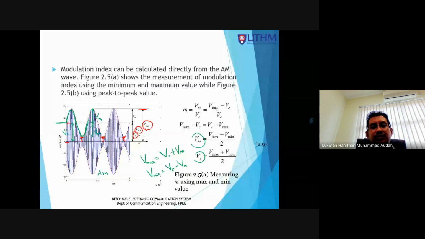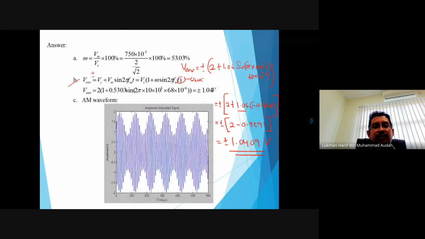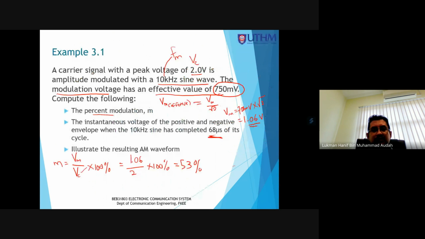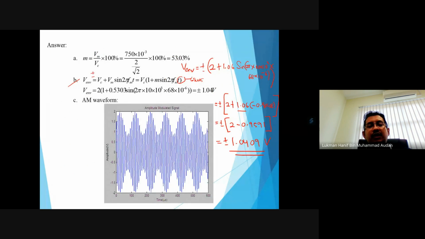Then we go to the slide again. The third question asks you to illustrate the resulting AM waveform. The term here is AM waveform, which means you have to draw a time domain signal.